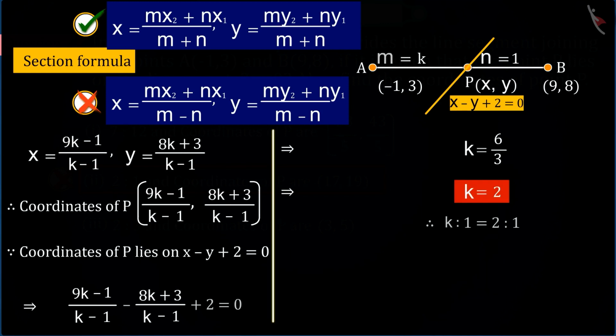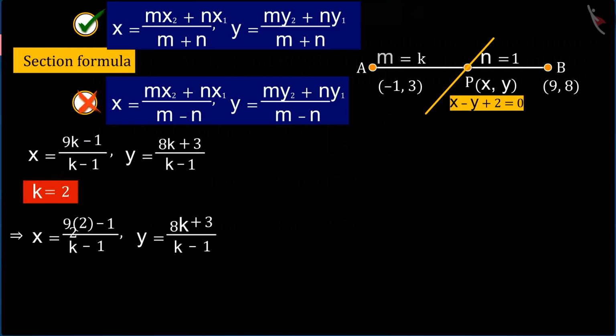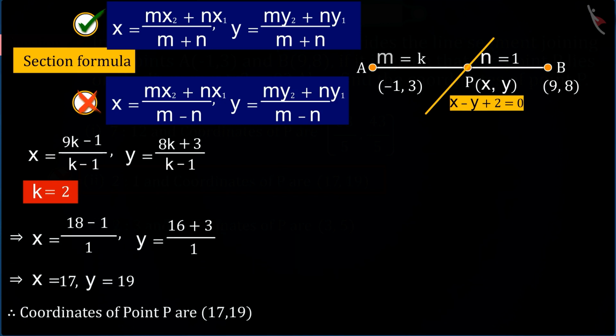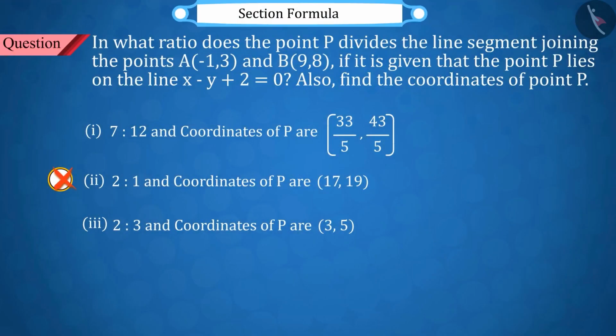That gives the value of k as 2, and on this basis, we also find the coordinates of point P, and your answer goes wrong. So hopefully you have understood why the third option is right in this example and why the other options are wrong. Teachers can also test the understanding of students in class with the help of some such examples.